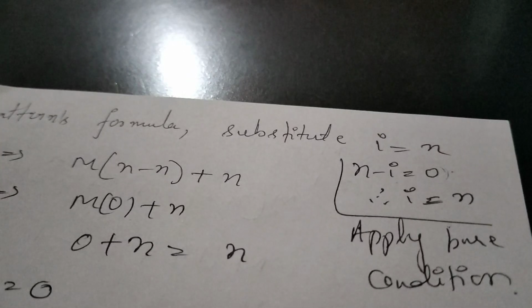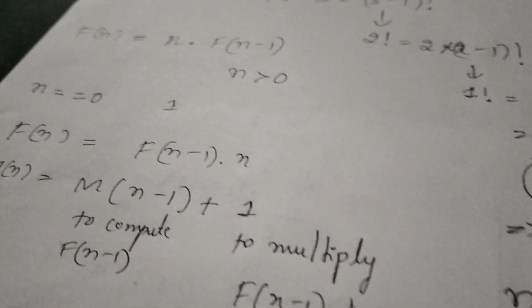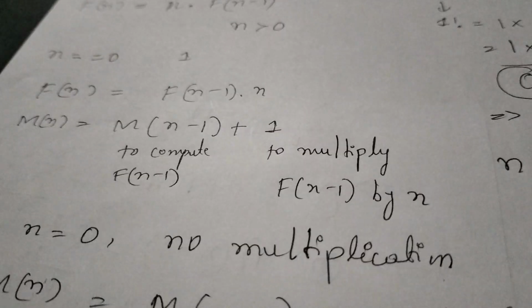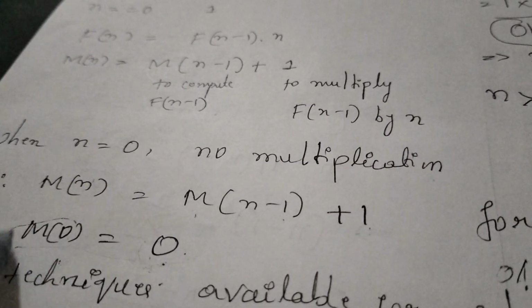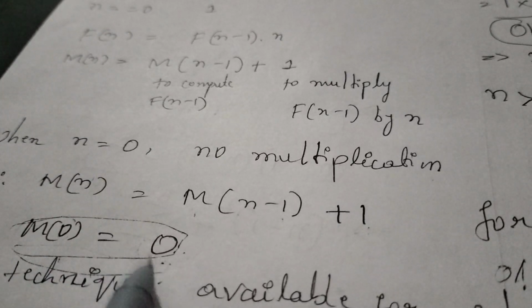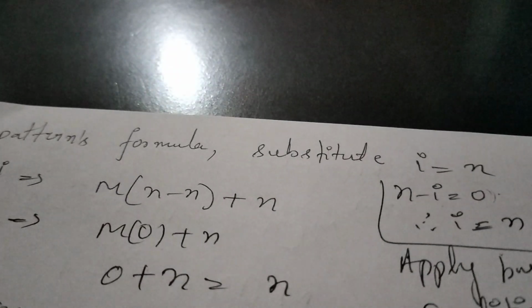See here, this is the base case of the algorithm. M of 0 is equal to 0. You should remember this.